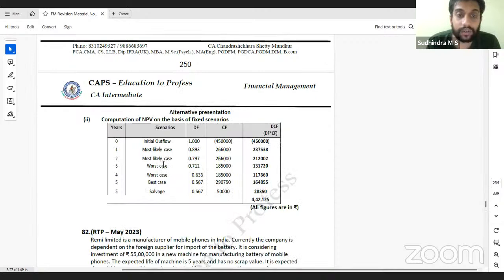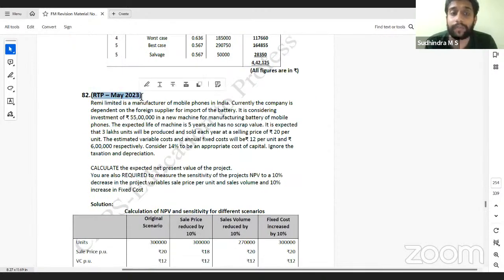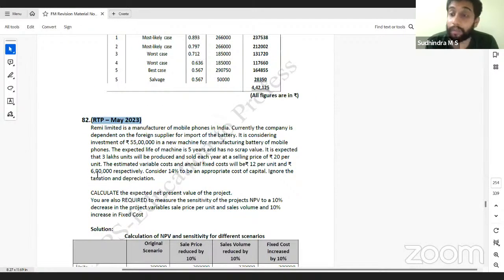Yes. Next one, RTP of May 23. Here they are talking about sensitivity analysis. Remi Limited is a manufacturer of mobile phones in India. Currently, the company is dependent on a foreign supplier for import of battery. It is considering investment of rupees 55 lakhs in a new machine for manufacturing battery of mobile phones.